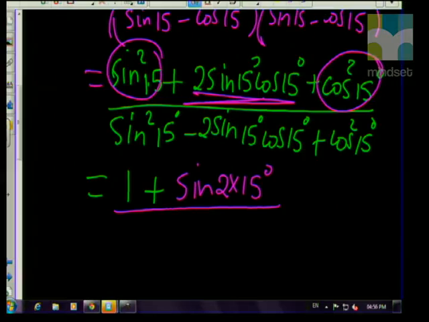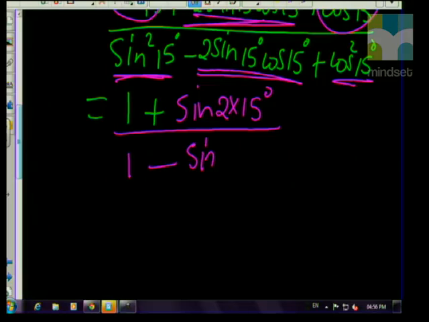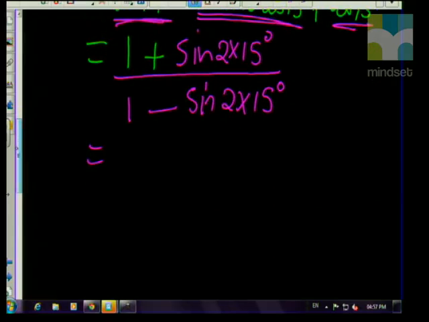All divided by, now again here, I have sine squared 15 plus the cos squared 15. Now, sine squared x plus cos squared x is 1, so I get a 1 there, minus, again, this is a double angle identity of sine, so this is sine 2 times 15. Now, we move on.